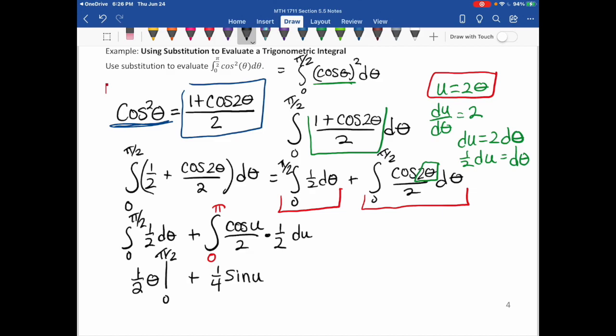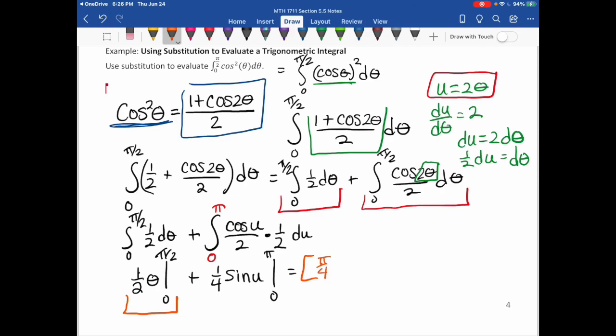And when I take the antiderivative of cosine, I'm going to get sine u. And I'm going to evaluate this from 0 to pi. Now when I evaluate, I'm going to do this one first. I'll color code it so you guys can follow what I'm doing. I'm going to figure this out first.